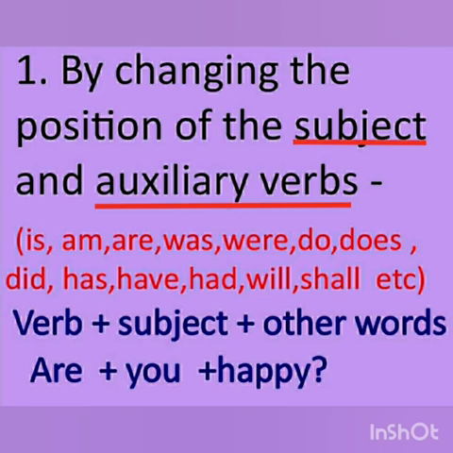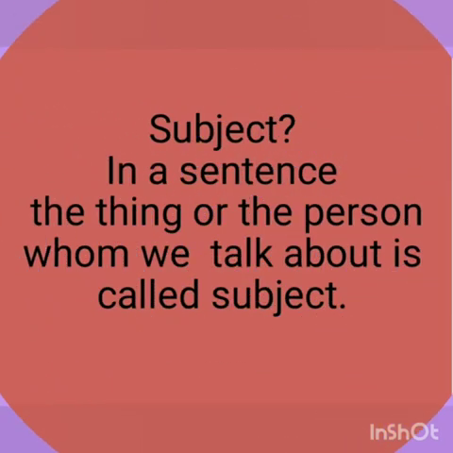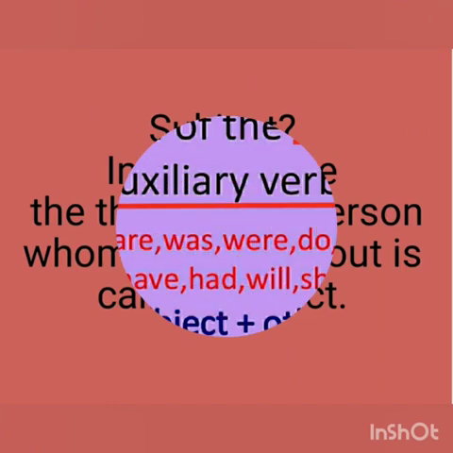Is, am, are, was, were, do, does, did, has, have, had, will, shall, etc. are auxiliary verbs. And what is subject? In a sentence, the thing or the person whom we talk about is called subject.